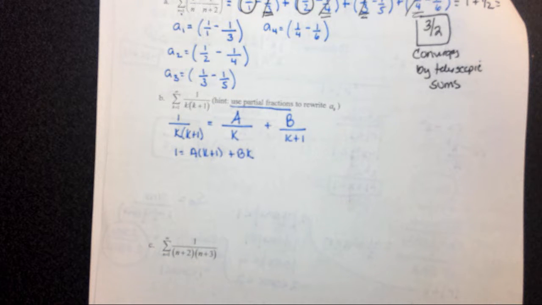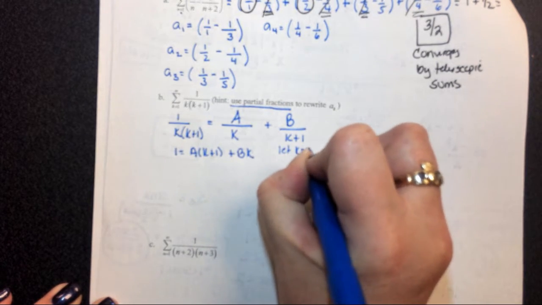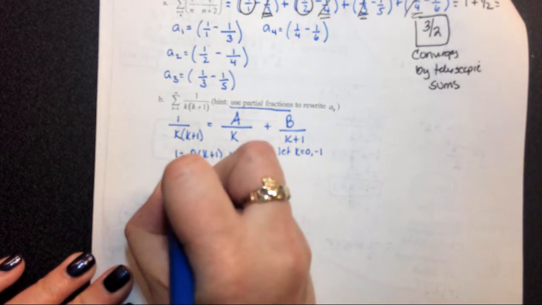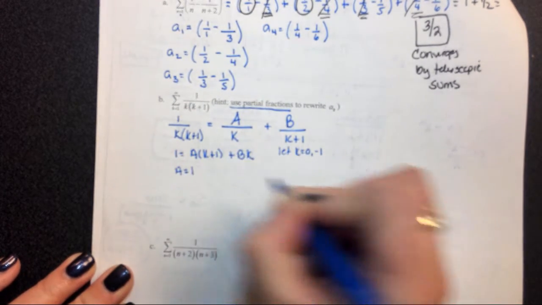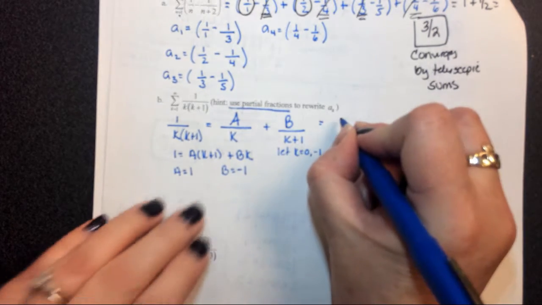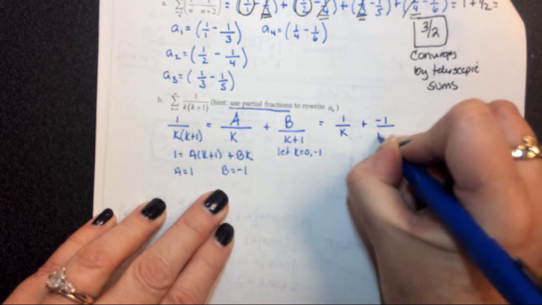So what will we let k be equal to? k be equal to what? 0 and? So if I plug 0 in, what's A going to be equal to? A is equal to 1. What's B going to be equal to if I plug in a negative 1? Negative 1. So I know these fractions are going to be equal to 1 over k plus negative 1 over k plus 1.